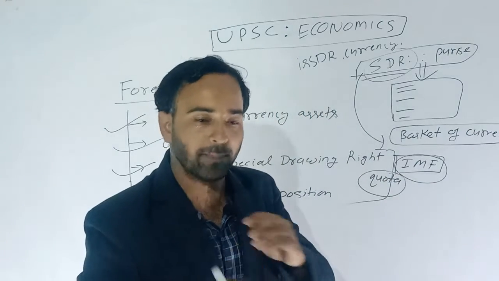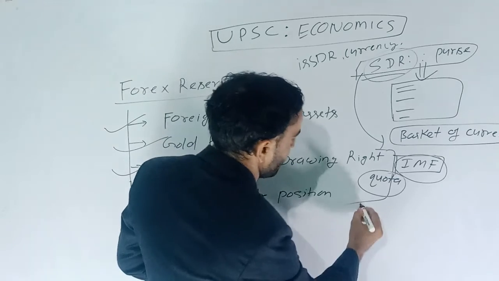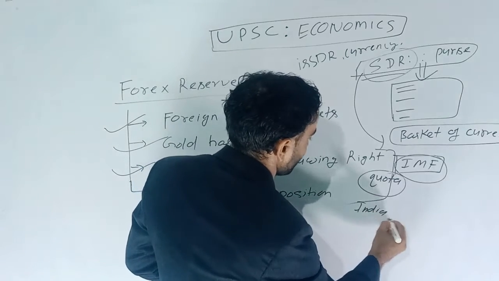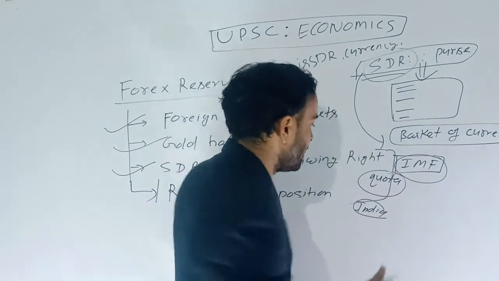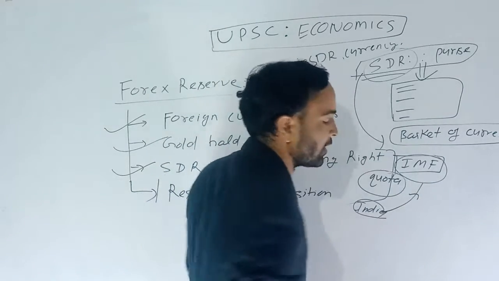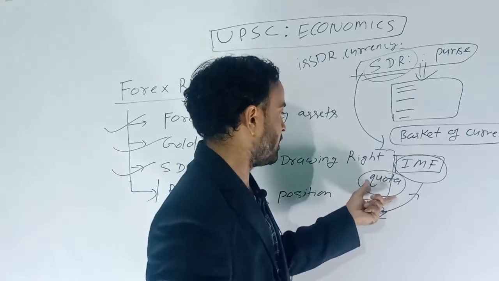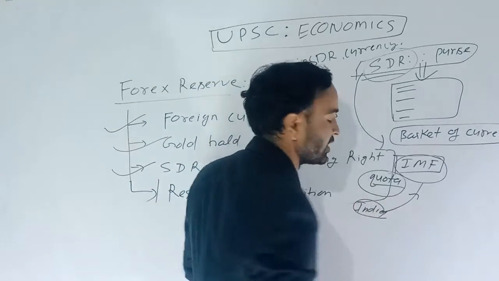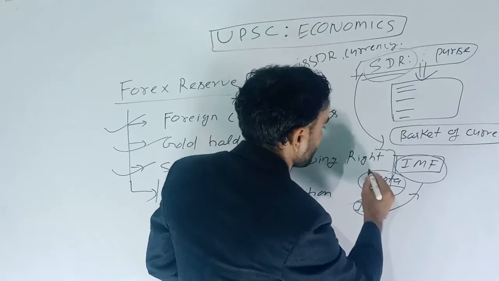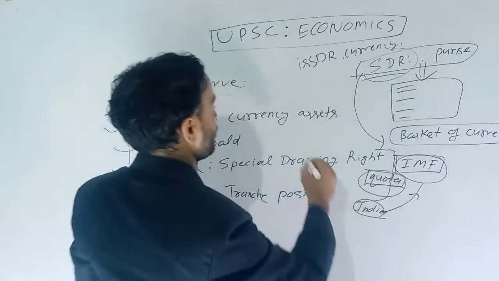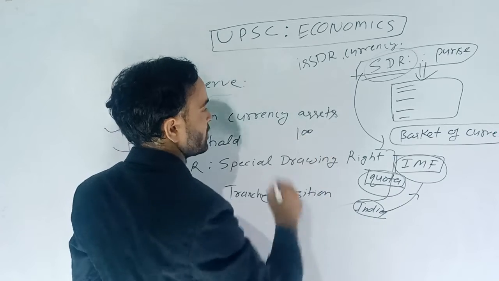Whenever you pay a fee to an international organization, let us suppose India pays a fee for joining the international organization, that is the IMF. Every country must give a quota, that is a fee to the IMF. Let us suppose I have given 100 rupees.